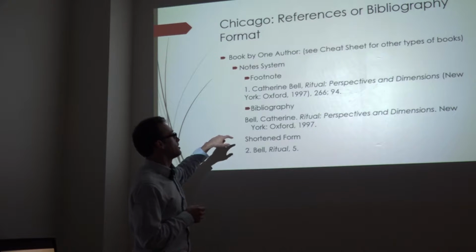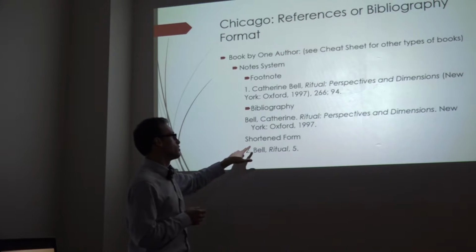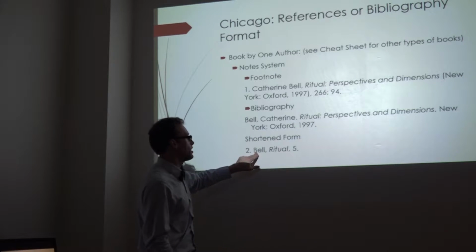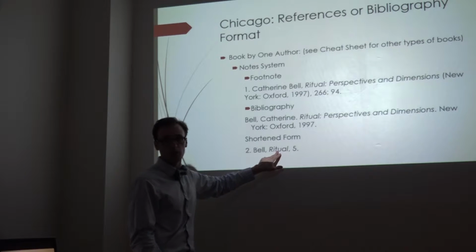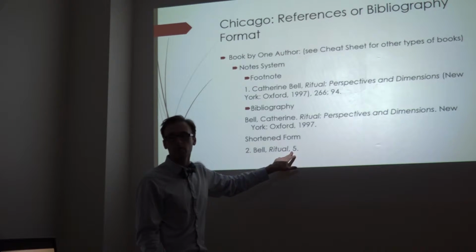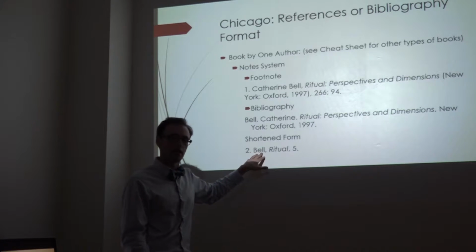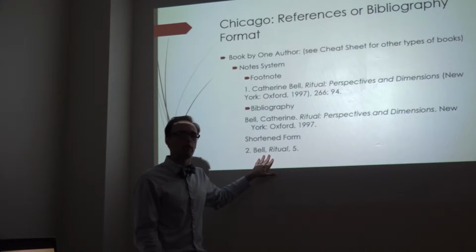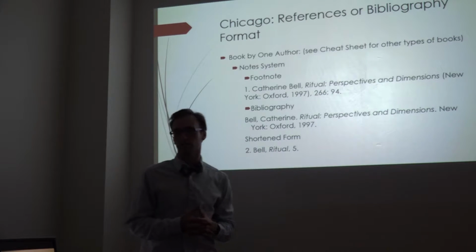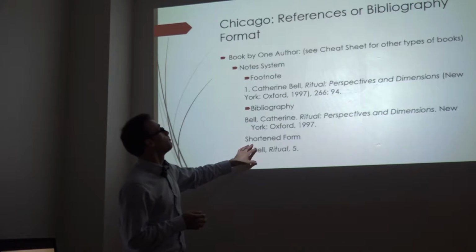Now when I cite Bell again, rather than using ibid, I use what's called the shortened form, which is just the author's last name, a shortened version of the title, and then the page number. That way, when you're going back and editing and moving stuff around, you don't have to figure out what work this is. Where is this quote from? Versus, how did I get this information?